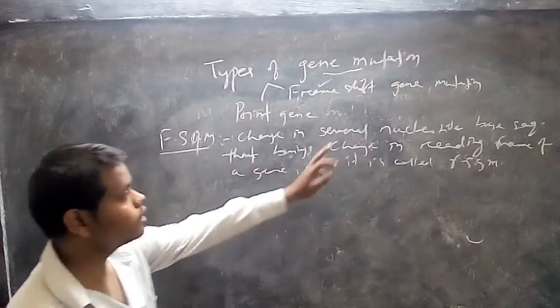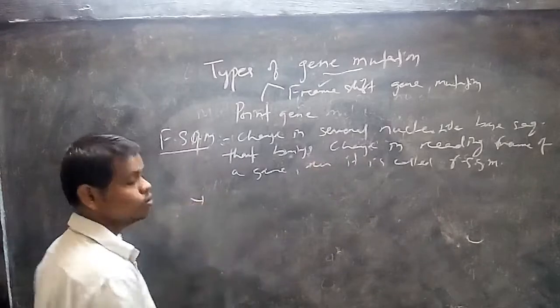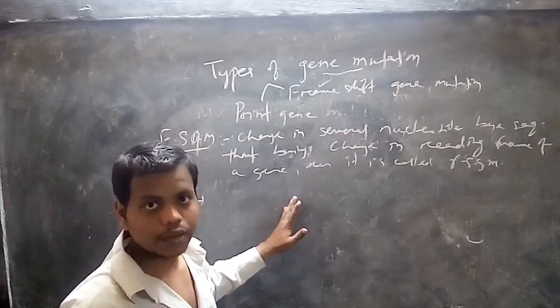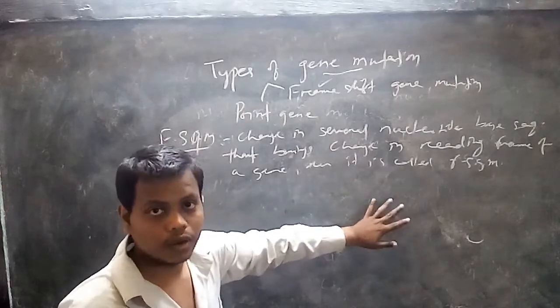See here, when several nucleotide base sequence occurs, this occurs due to addition of extra nucleotide base sequences or deletion of the previously existing nucleotide base sequence.